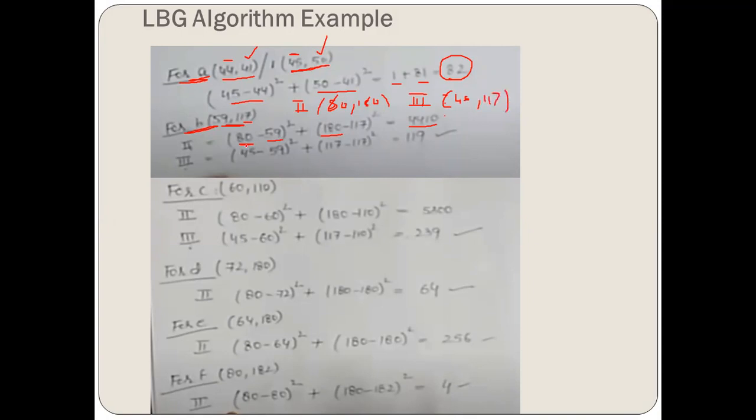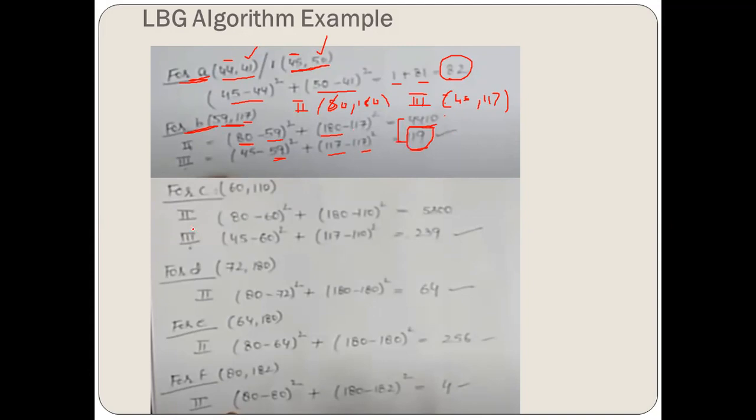So see here what we are doing. 45 minus 59, this is B value whole square, plus 117 minus 117 whole square. The value comes 119. So out of these, which one is closer? Which one has less difference? This one. So the closest match will obviously be the third region. For B, third region is the closest match. So this is how we can find out.